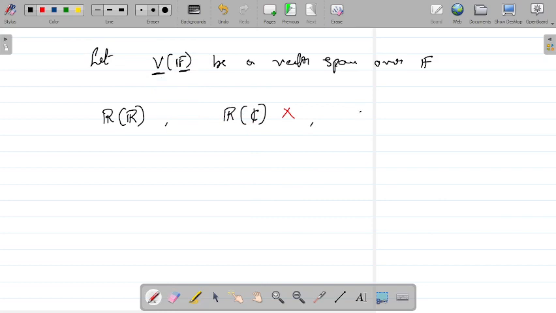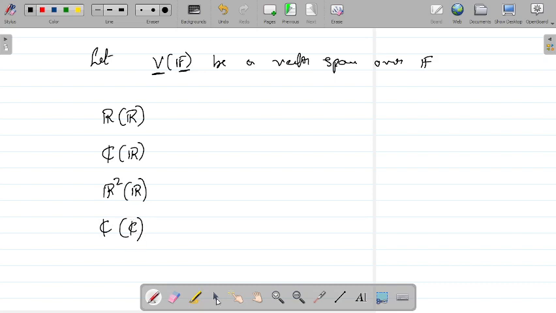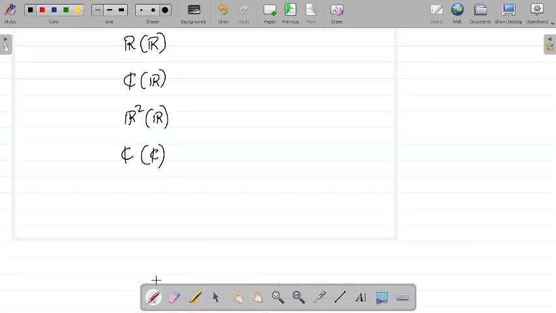So the next, if you look at C over R, yes, it is a vector space. I'd like to write a few more things. C over R, it is a vector space, and similarly R2 over R, and of course C over C, and similarly set of all matrices with real entries, 2 by 2 matrices.